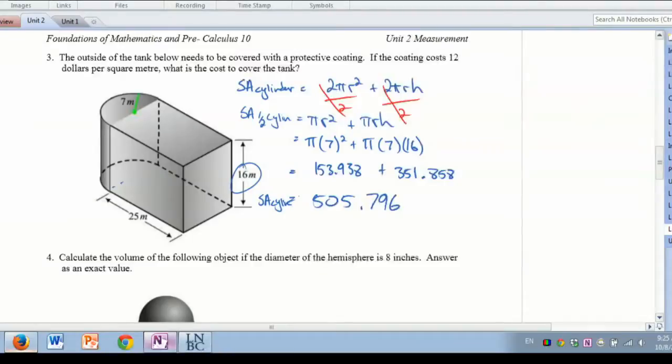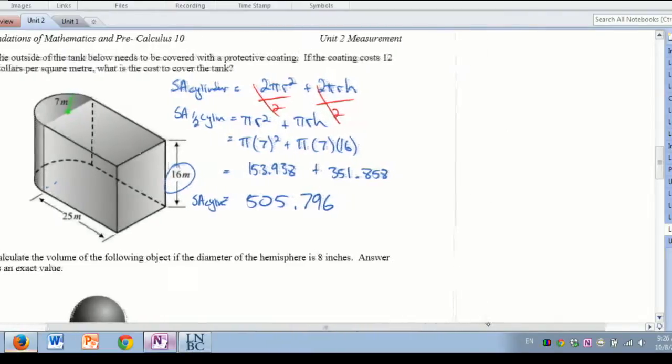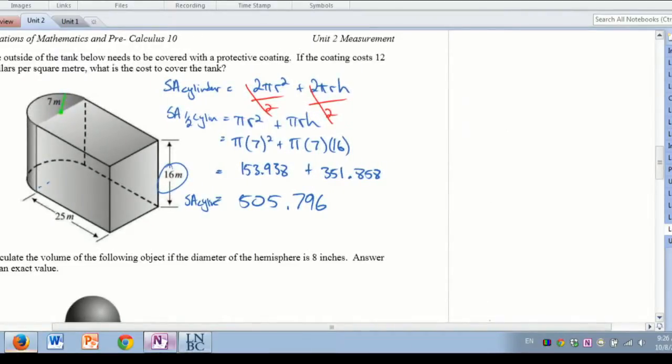The second part would be to find the area of my rectangles here, to make up my rectangular prism. It doesn't matter which one we do first. The only trick here is that this rectangle in here is shared between the half a cylinder and the top of that rectangular prism, so we don't include that in our surface area.